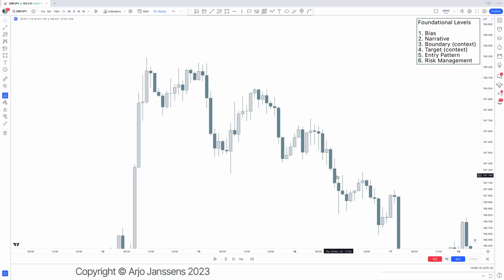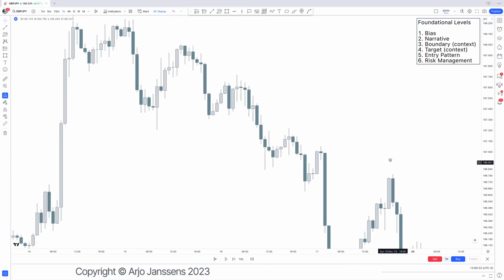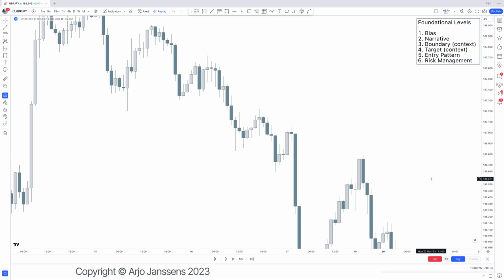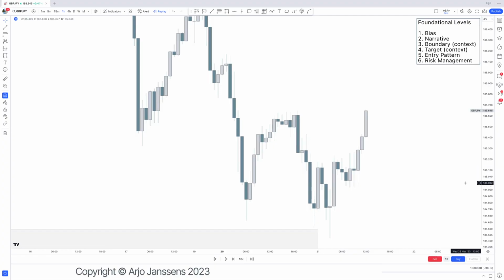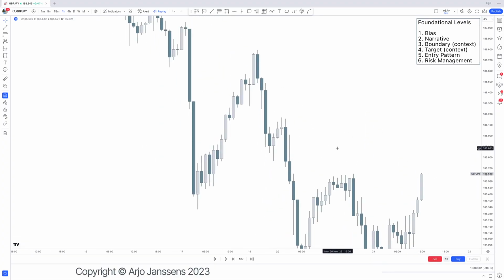For now, you can stick to the clear retracements. But overall, once you are getting more advanced, you are also likely going to use these different retracements that we have right here.